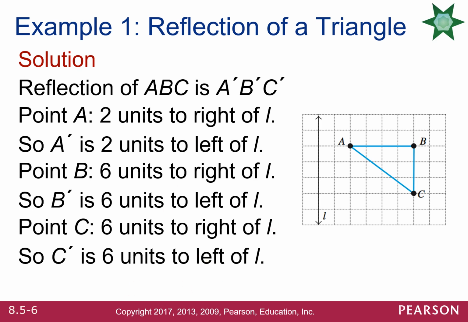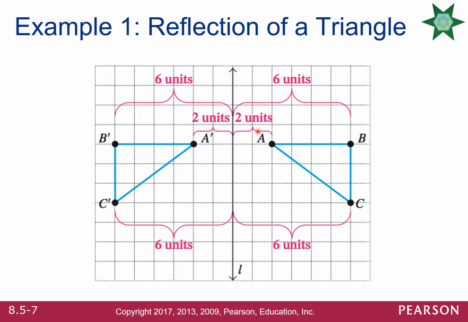All right. Now, once you reflect each of these points from the right to the left and connect the points, you will get a reflection of the entire triangle. So recall that the points should be equidistant across from the axis. So A was 2 units to the right. It's reflected and drawn exactly 2 units to the left.